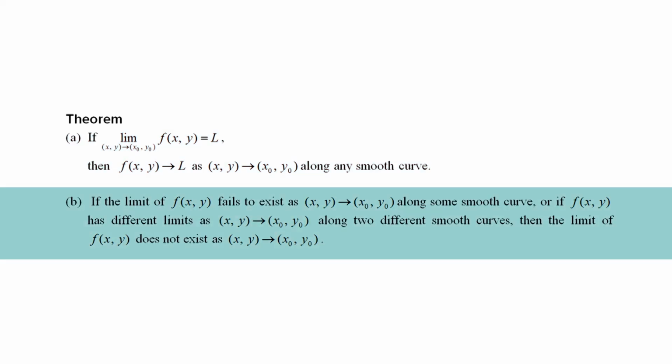If the limit of f of x y fails to exist as (x, y) approaches (x naught, y naught) along some smooth curve, or if f of x y has different limits as (x, y) approaches (x naught, y naught) along two different smooth curves, then the limit of f of x y does not exist as (x, y) approaches (x naught, y naught).